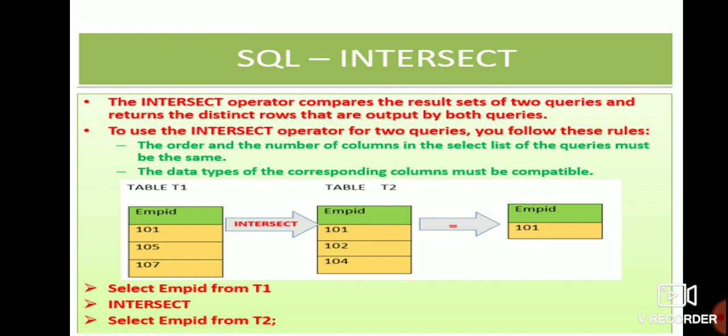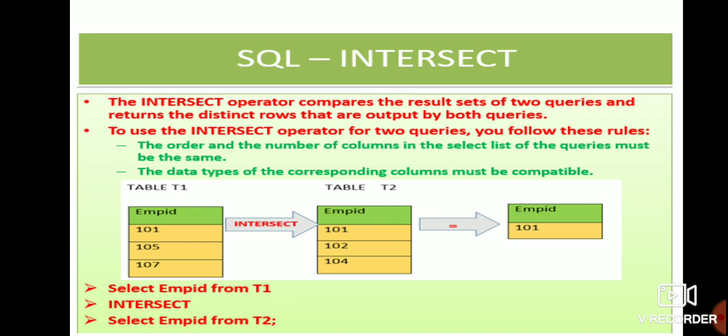The INTERSECT operator compares the result sets of two queries and returns the distinct rows that are output by both queries. To use the intersect operator for two queries, you follow these rules. The order and the number of columns in the select list of the queries must be the same. The data types of the corresponding columns must be compatible.